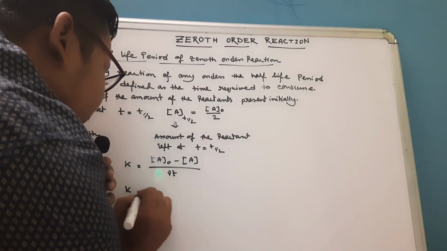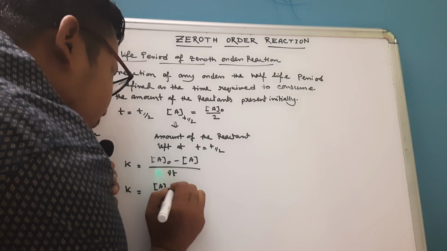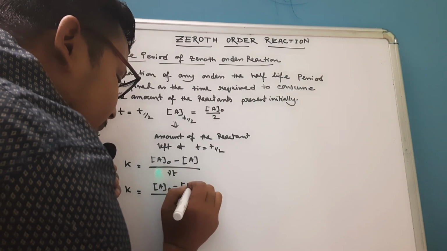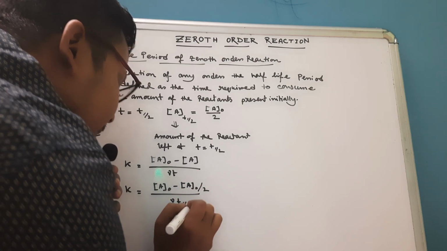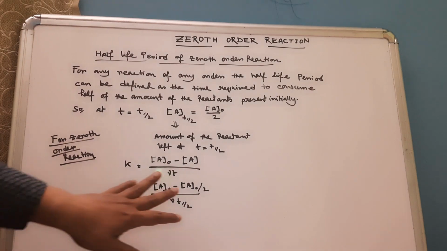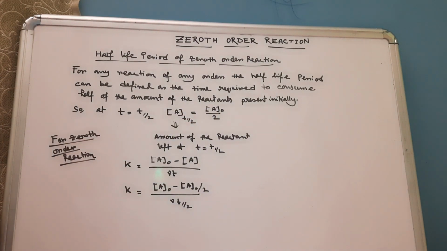So when it is t half, a0 is a0, and a is a0 by 2. So at t half we get a at t half equals a0 by 2.